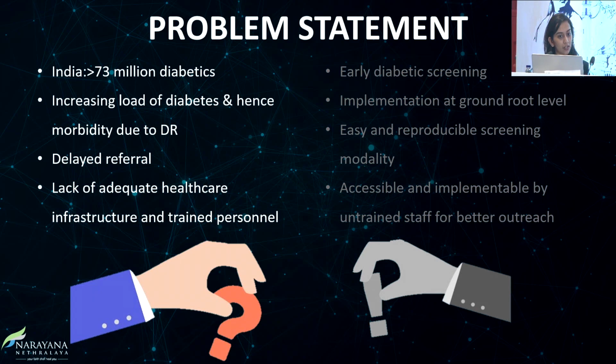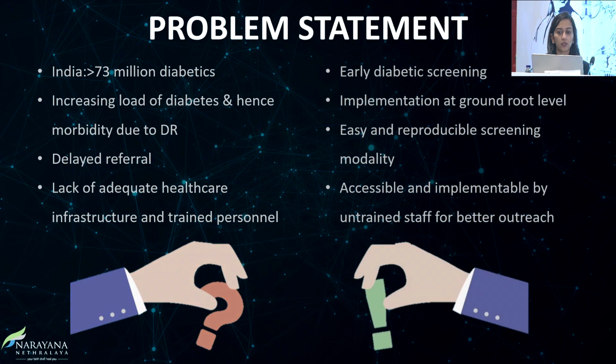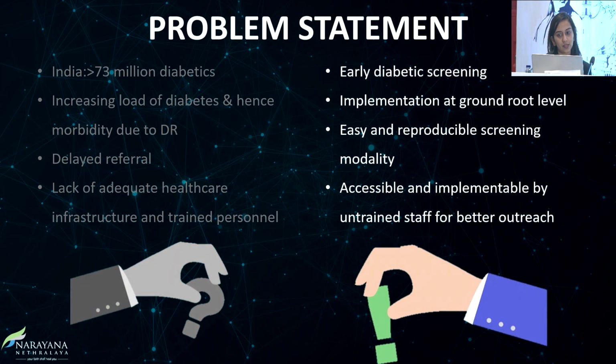But because of delayed referrals and lack of adequate healthcare infrastructure at the primary healthcare level, the screening is impacted. So we wanted to make a model for early diabetic screening, which can be implemented at grassroots levels and is an easy, reproducible modality, which can be accessed and implemented by even untrained personnel, staff, or physicians.